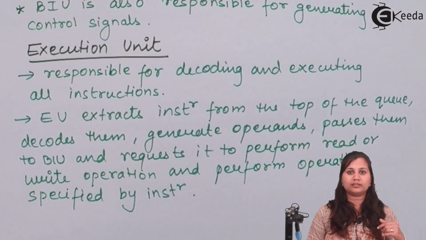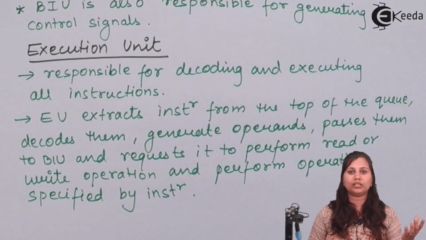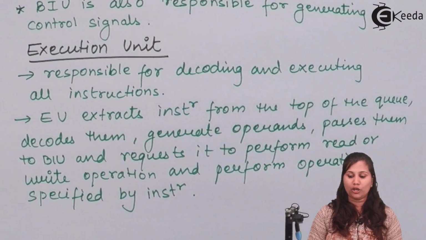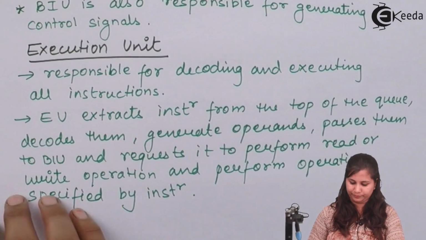The number stored in the register has to be taken from the bus interface unit, which is going to provide the data. Then the addition of the two numbers will be performed by the execution unit. In this way, the execution unit decodes and executes all the instructions present in the queue.